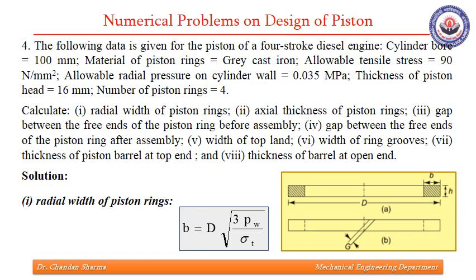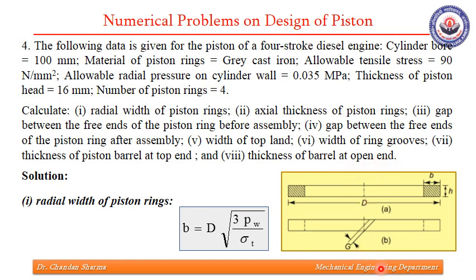So in this question, we need to find the radial width of piston rings, axial thickness of piston rings, gap between free ends of piston rings before assembly and after assembly, width of top end, width of ring grooves, thickness of piston barrel at top end, and thickness of piston barrel at open end.